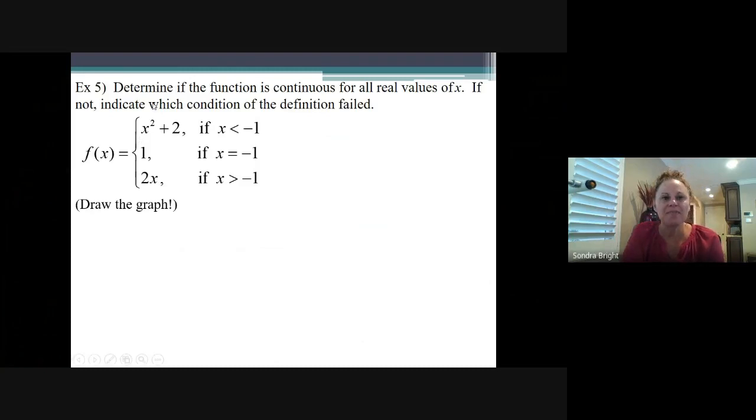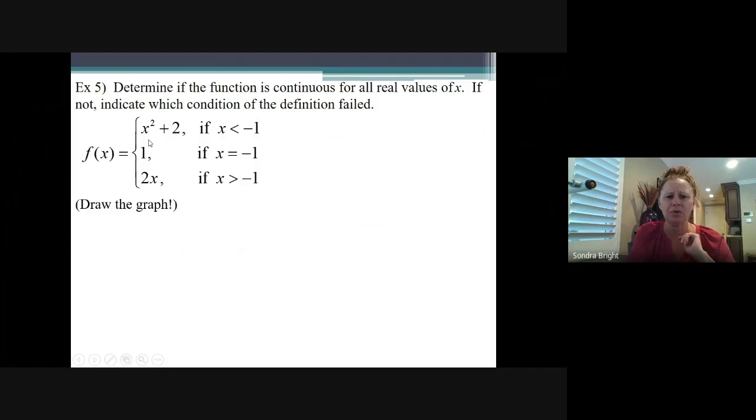Do you remember that y equals x squared plus 2 is a parabola opening up? And instead of the vertex being at the origin, it'll be shifted up 2. Now, we are only going to graph the portion of the parabola that is less than, there's no or equal to sign underneath there, so it'll be an open dot at -1.